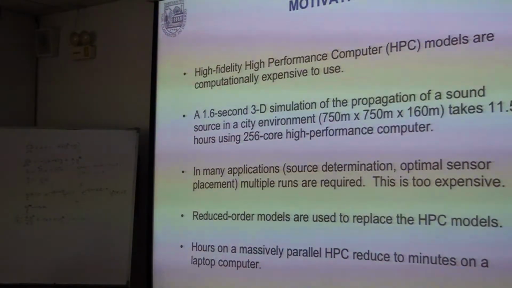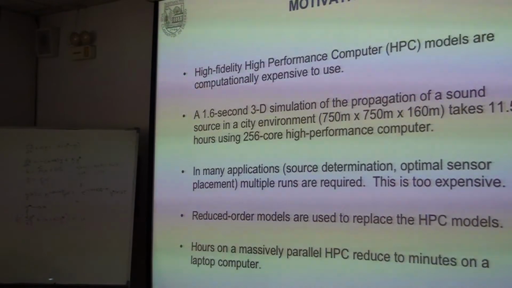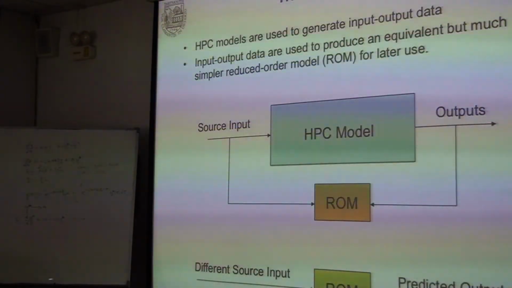Here we're talking about millions of output locations, because every point in space is an output location. That's why once we have this model, we can run in minutes as opposed to hours on a supercomputer, and that's the purpose.